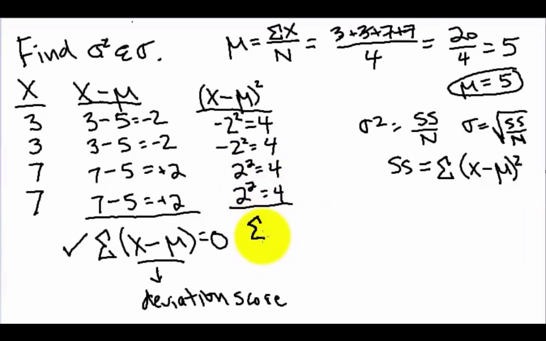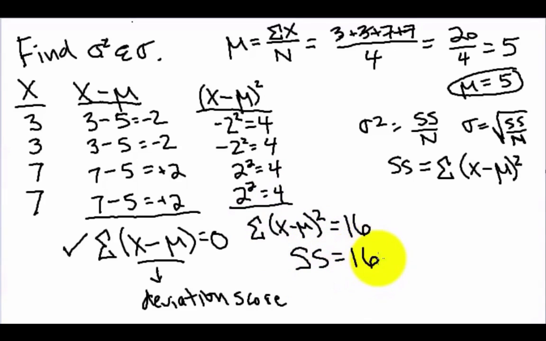Now the sum of these is the sum of x minus mu quantity squared. So we have 4 plus 4 plus 4 plus 4, which is equal to 16. This, the sum of the squared deviation scores, is the same thing as SS, the sum of the squares. Same exact thing.